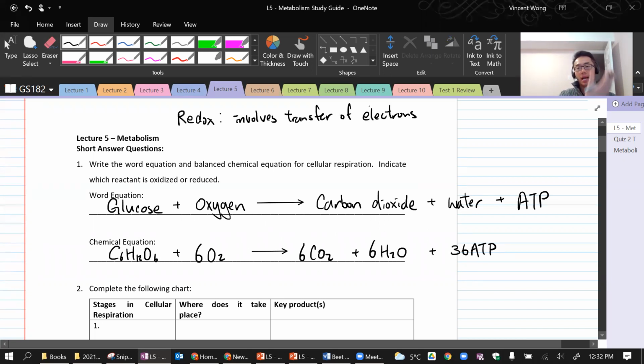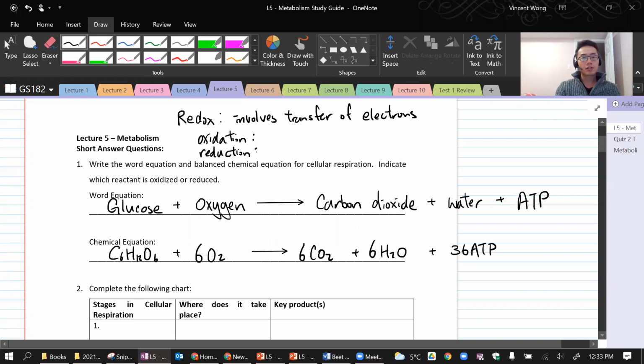Okay, so some reactants are going to lose electrons, other reactants are going to gain electrons. All right, now there are 2 sides to this then, right? There are oxidation and reduction.